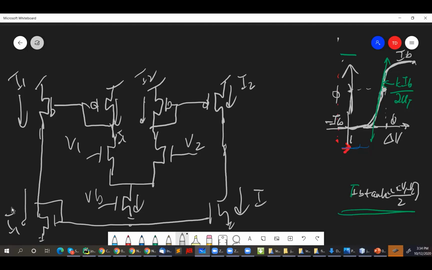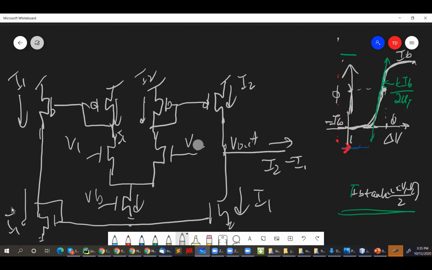And now your current is flipped around. Remember, this is going from VDD and this is going into ground. Think of this as now the negative sign. And so now if I take the output from here, this would be I2 minus I1. So you probably should flip the signs here.